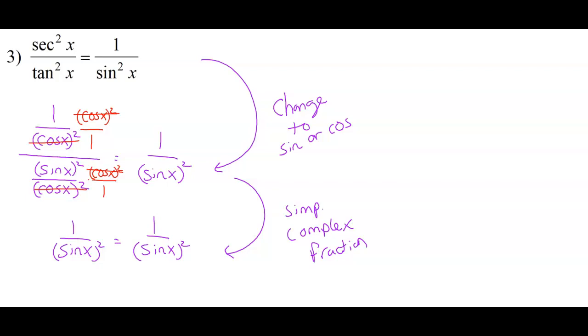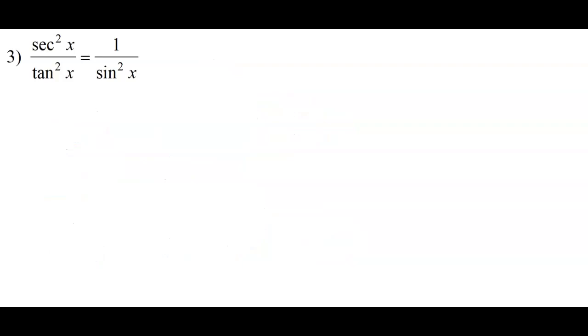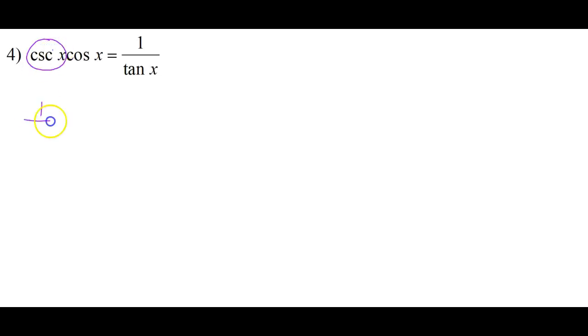Okay? Let's go ahead and take a look at number 4. Once again, go ahead and think about what you would do first here. Personally, I would change the cosecant into 1 over sine.